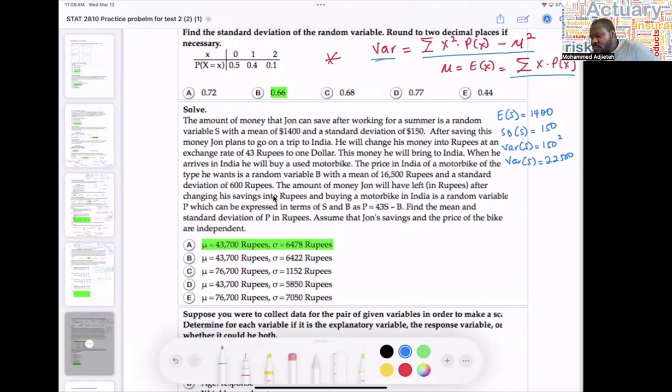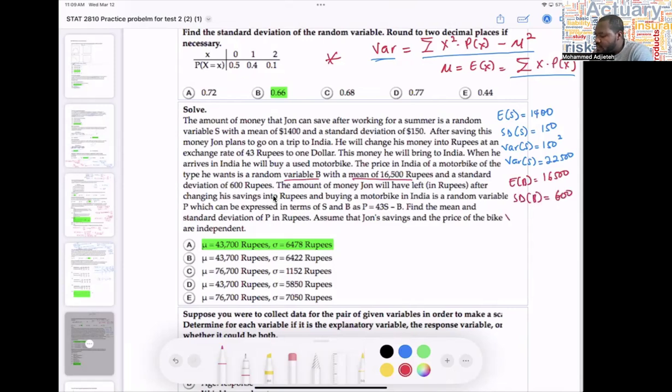Good. And then when we proceed to read again, we can see a random variable B. So let me use red for that. E of B is 16,500, and the standard deviation SD of B is 600.